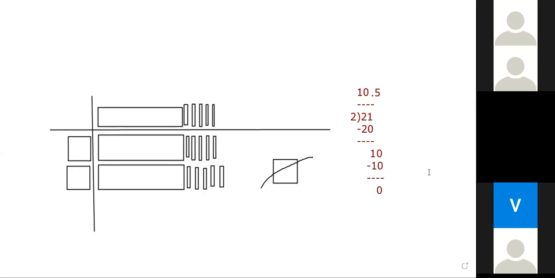This 10 indicates that there are 10 of them, and each of them is 0.1. That's why there is a 0.5, because there are 5 of them in each row. And when we extend it, it becomes 10 this way.